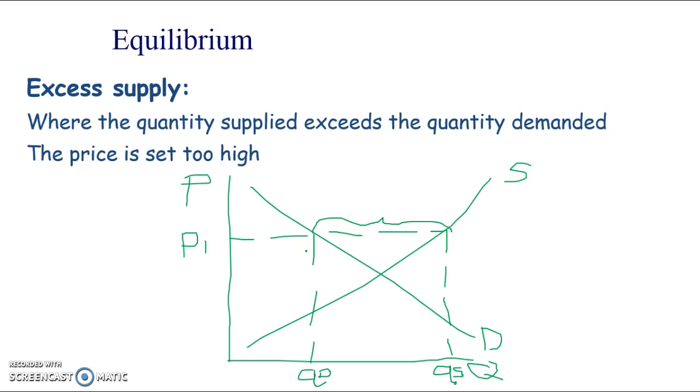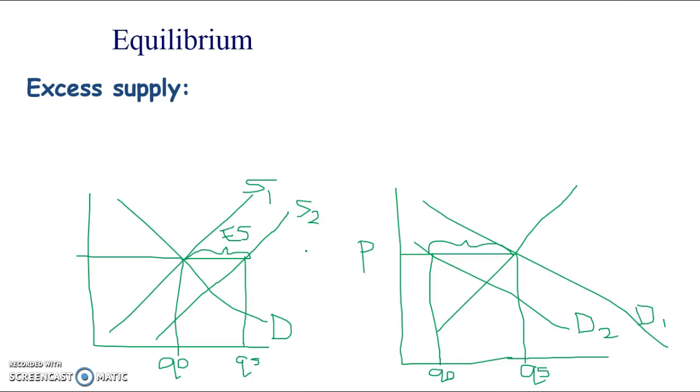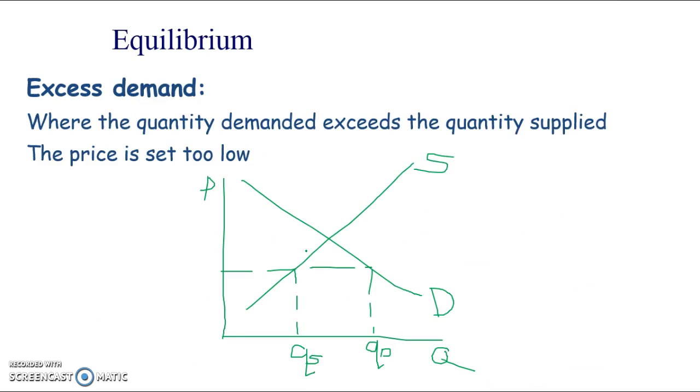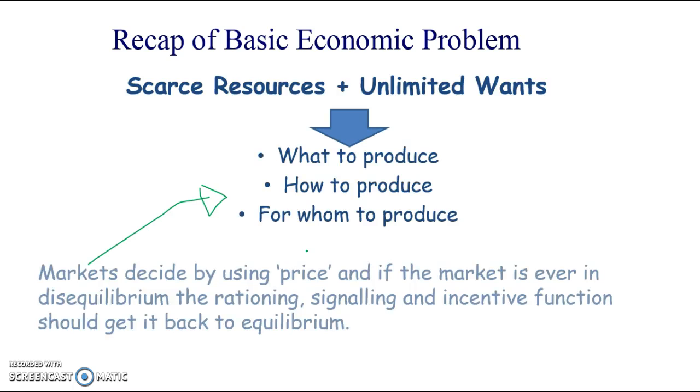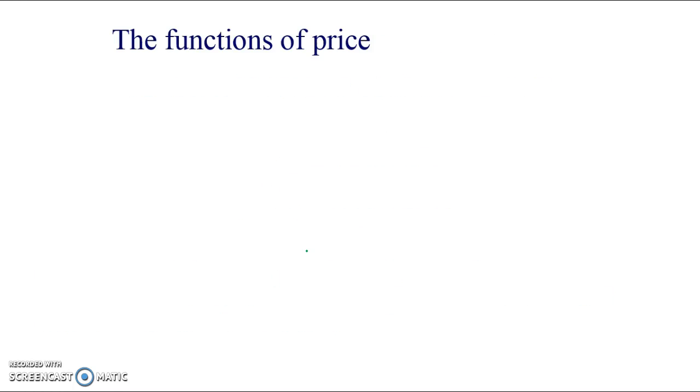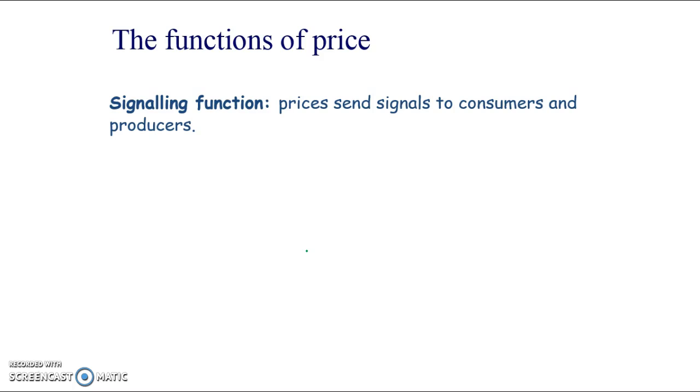So whereas before I had excess supply and excess demand, we're going to see that actually the market is going to help us get back to equilibrium, and we're not going to have that situation. So we have to go over how that actually works. So price has three functions. It's got the signalling function, which means that price is signalled to consumers and producers, and they can signal a few things.